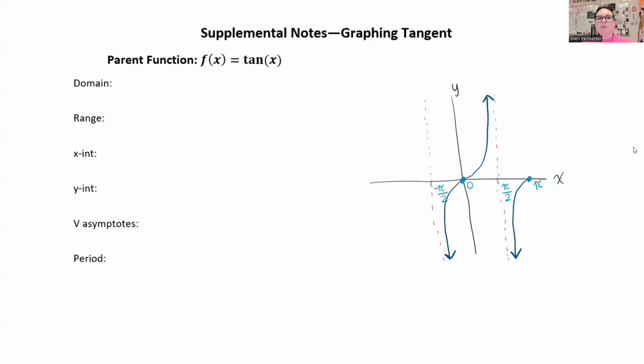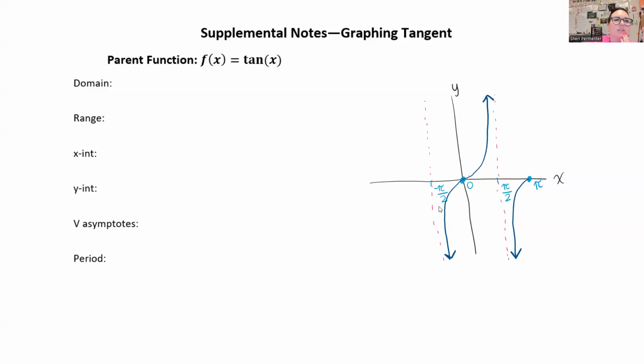So again, sometimes you'll see it where it only shows these two branches, but it is a cyclical graph. So these little waves continue over and over again forever in both directions.